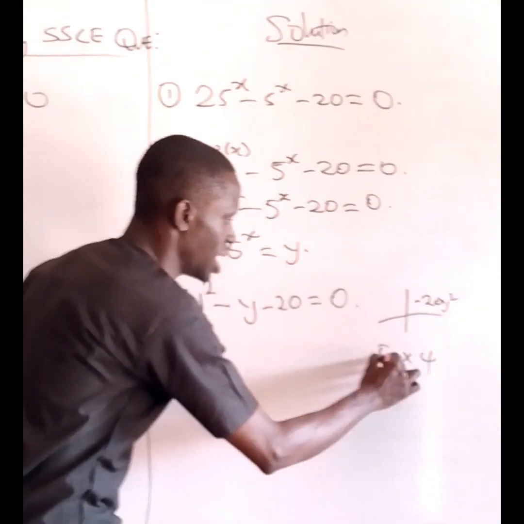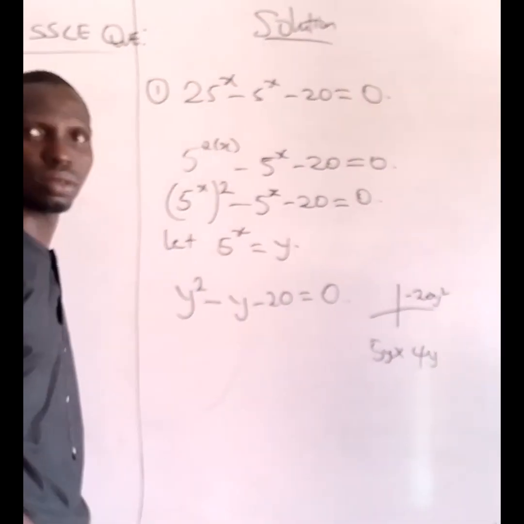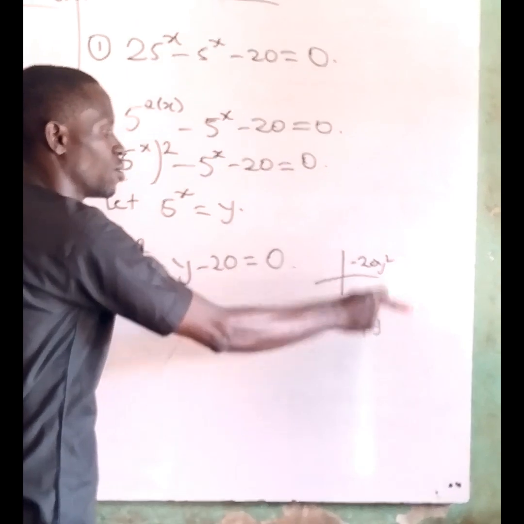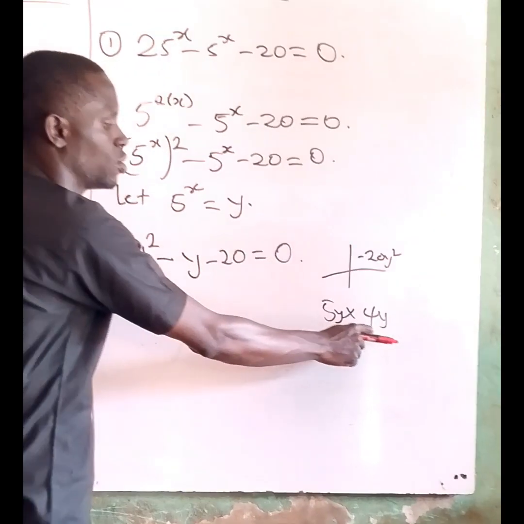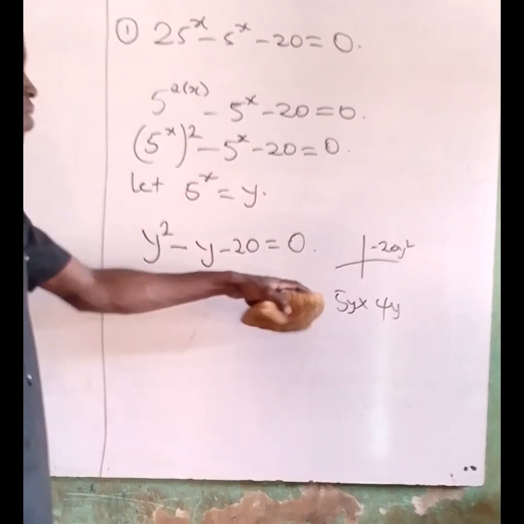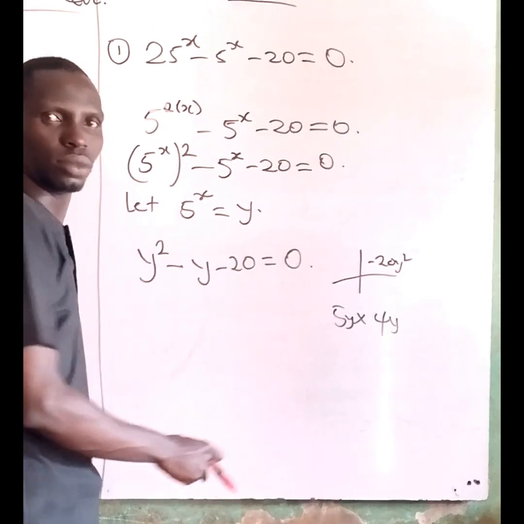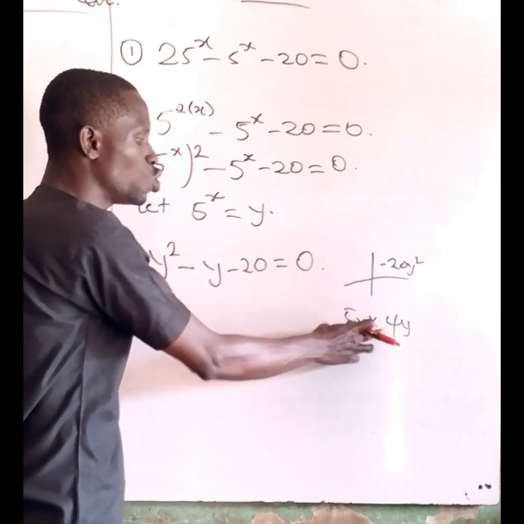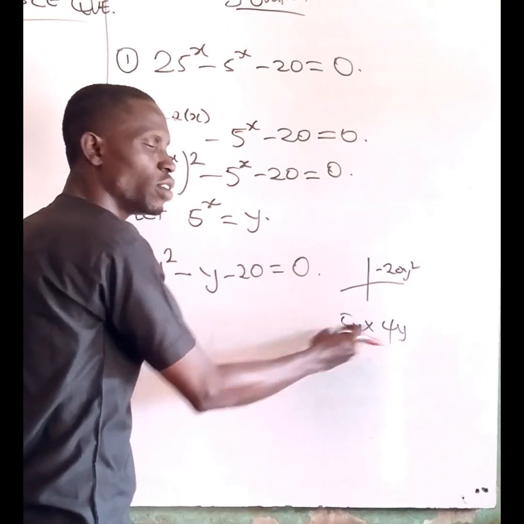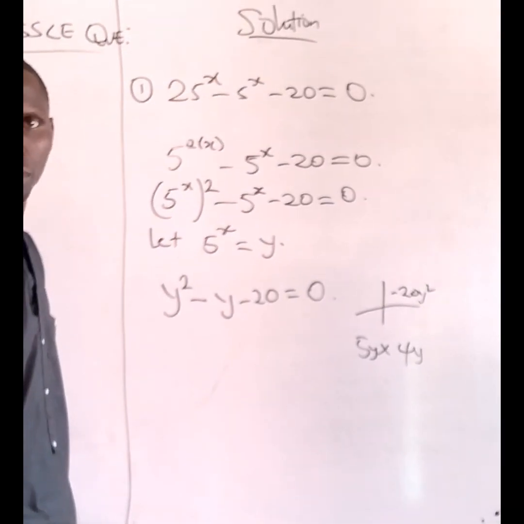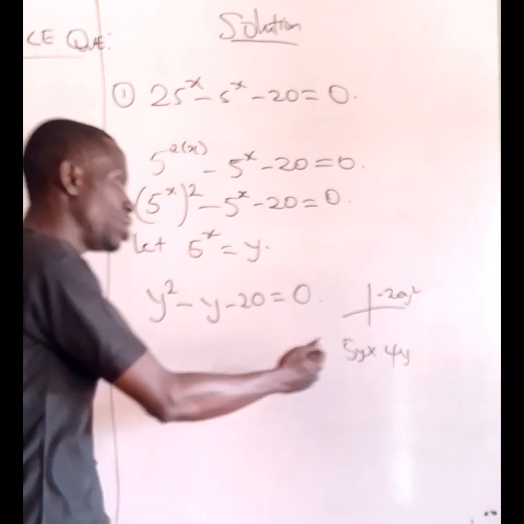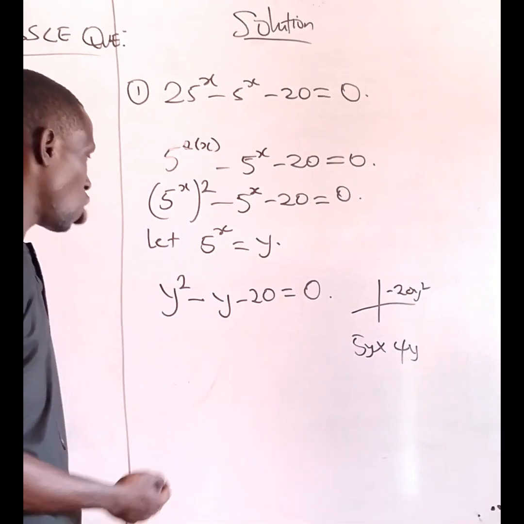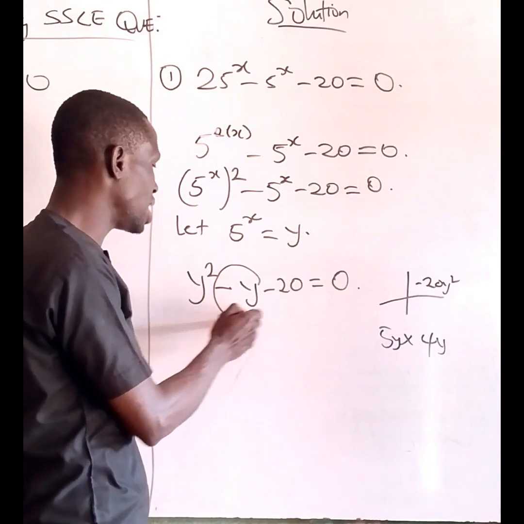So first, we can add y to this, add y to this. By the time you multiply y times y, it gives us y squared. 5 times 4 gives us 20. But our multiplication is minus 20, which implies that either of the two we carry negative. Now, how do we know the one that will carry negative? You consider this one that is in between.